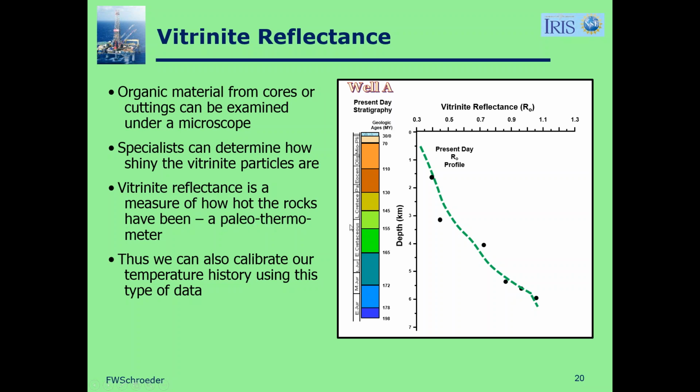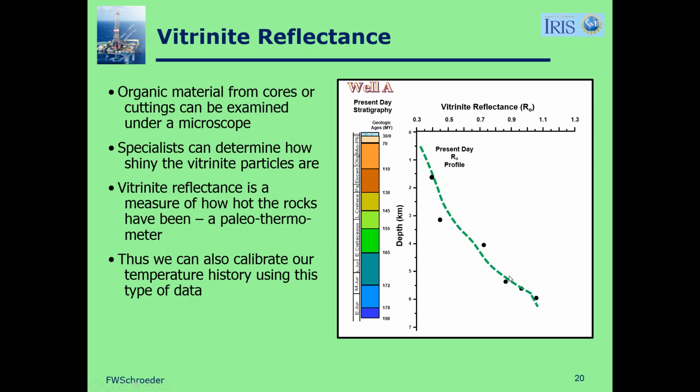And so again, I can look at the present day stratigraphy. I can use the temperature history that the software has developed for me. And now I have 1, 2, 3, 4, 5, 6 data points where from the well data, someone has looked at the organic material and figured out the vitrinite reflectance values. And you can see my scale goes from 0.3 to 1.3.